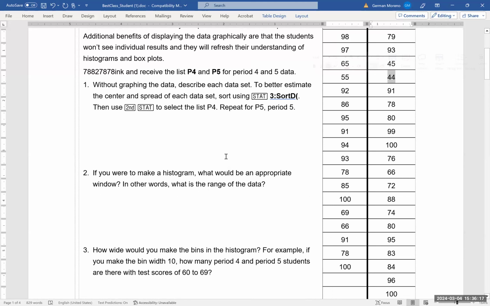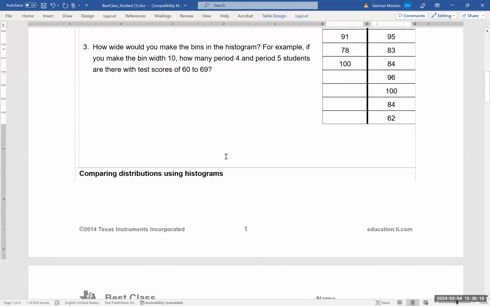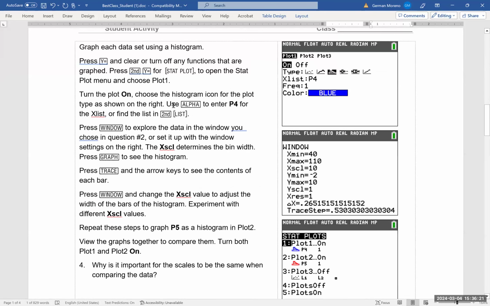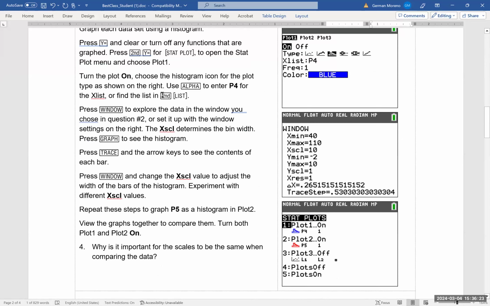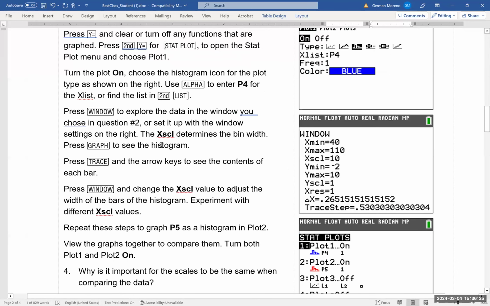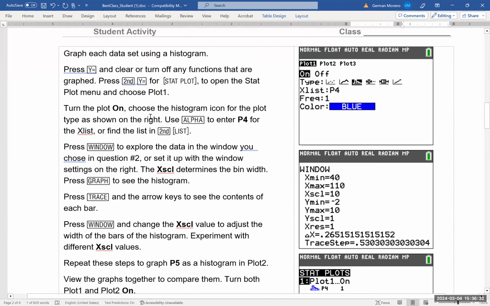That's going to be important for us moving forward because what we're going to be doing now, and what all these instructions here are for, is to get you to create histograms for both of them. And I'm going to go quickly through the steps. If you need to take more time, you can read this on your own.